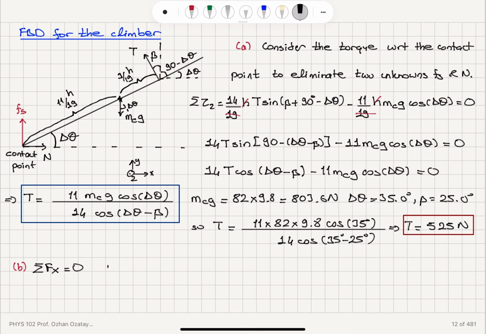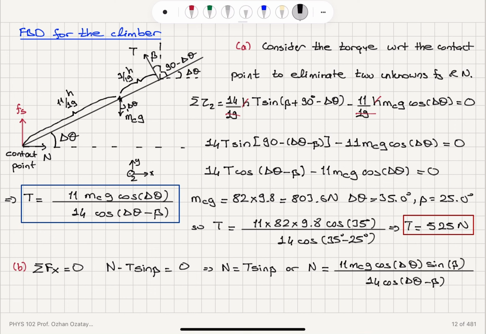So I have the normal force minus T sine beta is equal to 0. So I find that the normal force is T sine beta, or the normal force is, since I know what T is, 11 mcg cosine delta theta sine beta divided by 14 cosine delta theta minus beta.